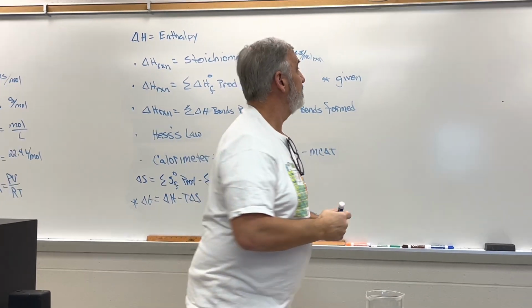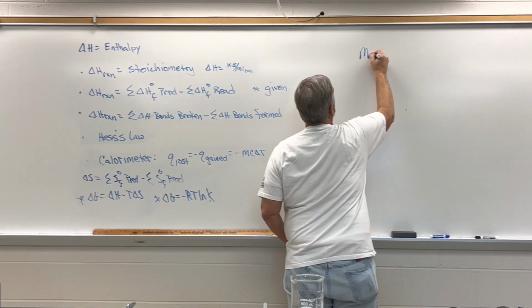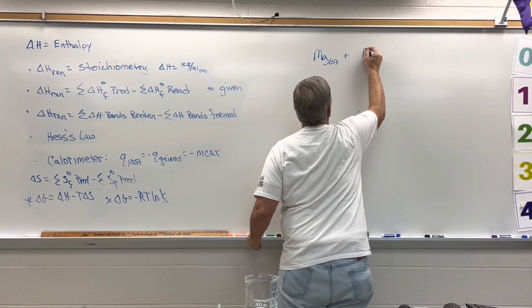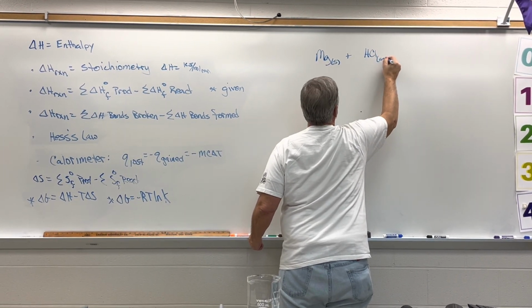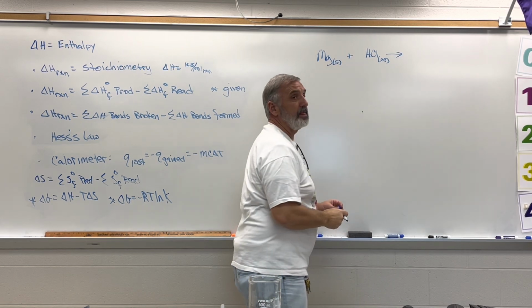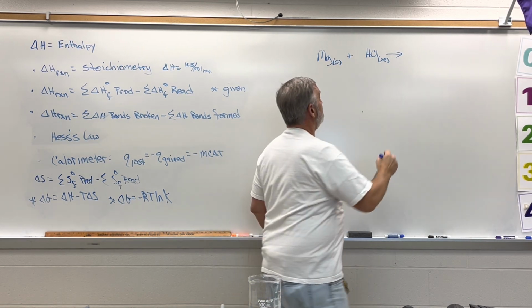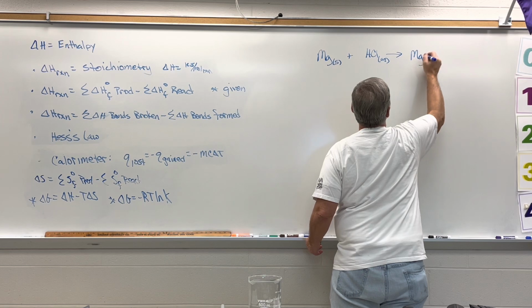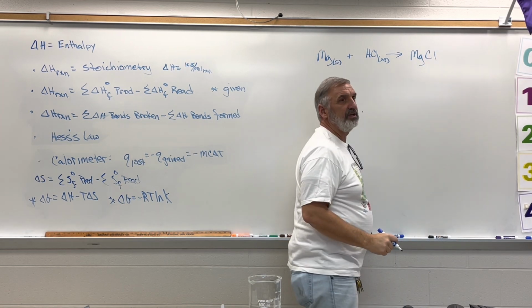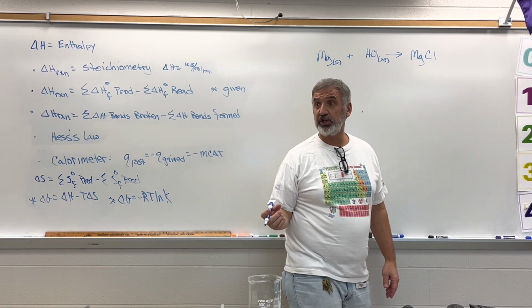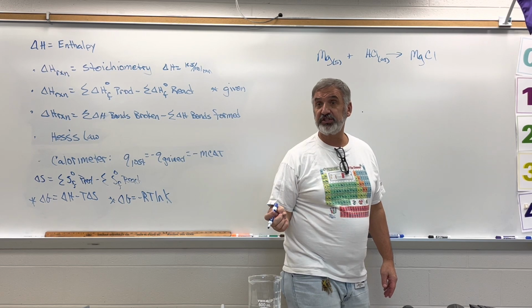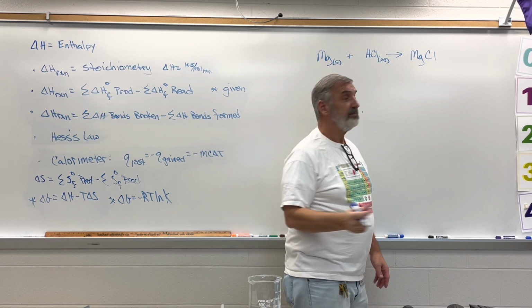So if we have magnesium solid plus hydrochloric acid, HCl, what's that going to make? Not just MgCl, what do we always have to make sure we do? Balance the charge. What's the charge on magnesium? Plus 2. What's the charge on chloride? Minus 1.